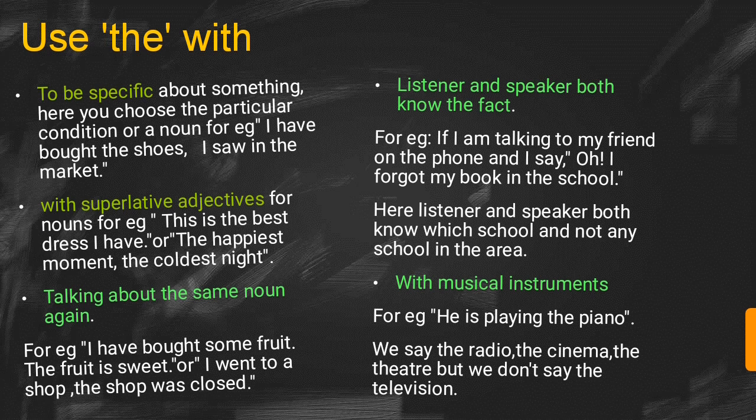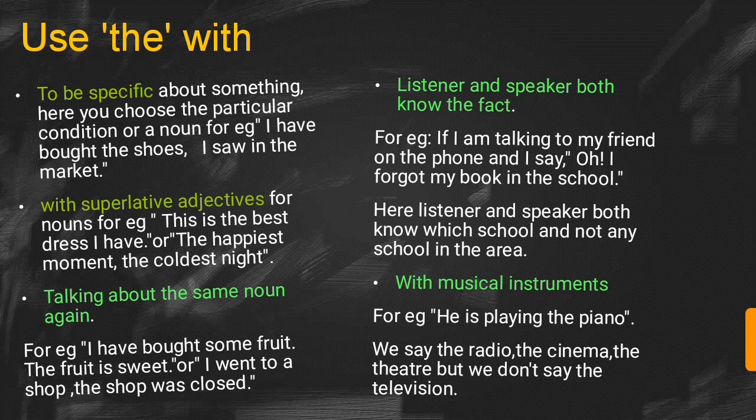Next rule is a little bit confusing, but I hope you will be able to understand. Talking about the same noun again, we use the article the. For example, if I say I have bought some fruit, the fruit is sweet. Now, fruit is an uncountable noun.